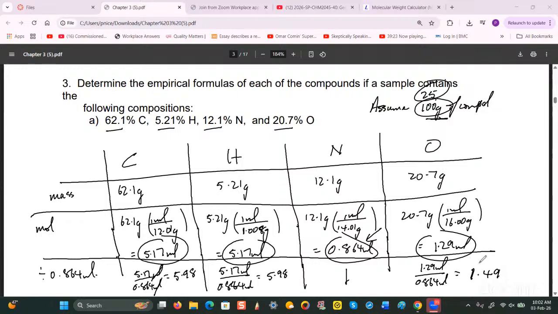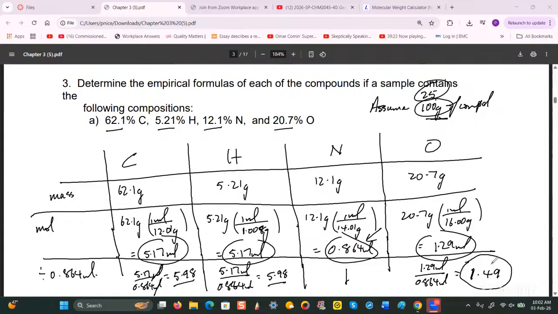Now, in some cases, when we get to this stage, what we would do is round off to the nearest integer, right? So for example, this 5.98 here, we round off to 6. However, the 1.49 here is not close to any integer, right?